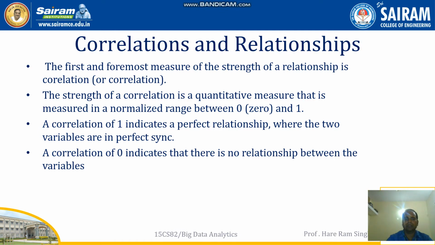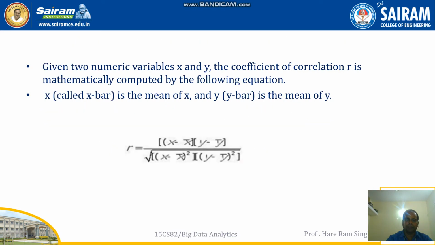If correlation is 1, it indicates that both the variables are fully related, perfectly synchronized, meaning they are directly related with each other. And if the correlation value is 0, it indicates that there is no relationship between the dependent variable and independent variables.